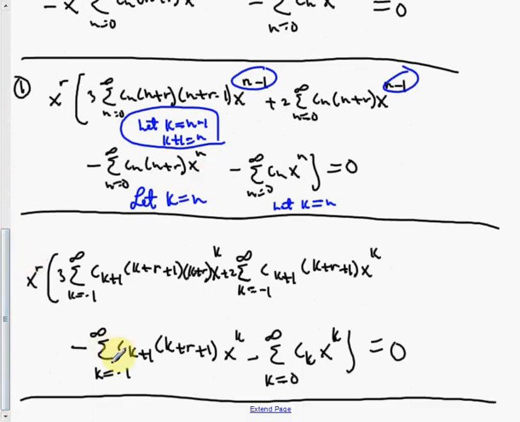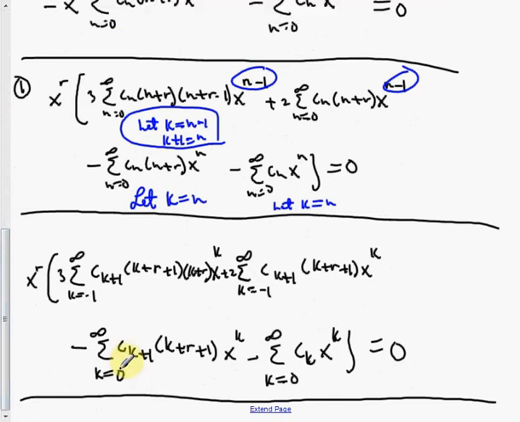So let me make sure that we have the right notation here. That third summation is the one that I had an issue on. And so we let simply k equal n. So I need to replace this. There, n goes from 0 to infinity, so does k as well.